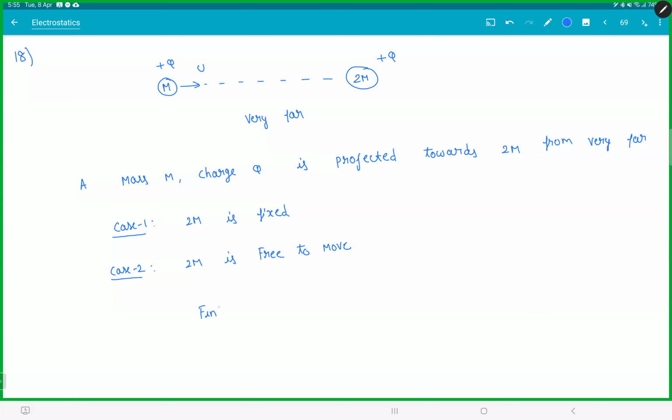So find the minimum distance between the charges. As they come closer, they start repelling each other, so m slows down. So there will be some minimum distance between them.